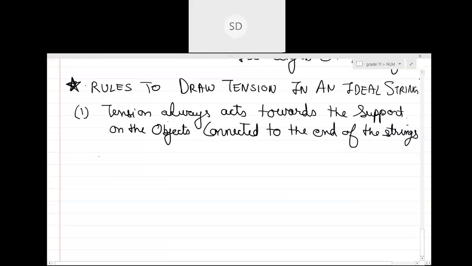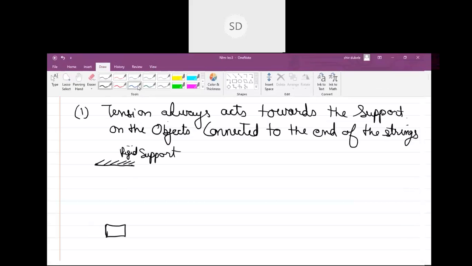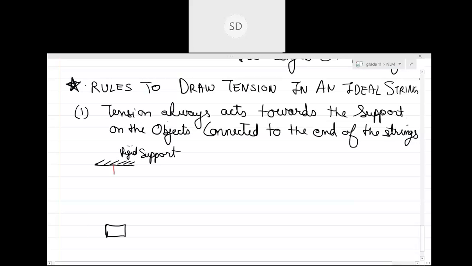For example, in the previous case when I drew this diagram, there was a rigid support over here, and let's say there is a block connected with a string. I made the string red just for understanding purposes.